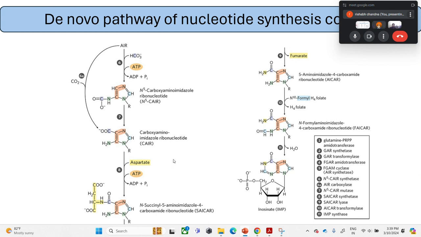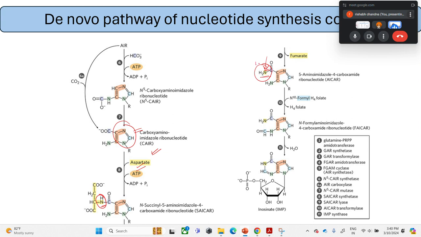So in this eighth step, in purines, the imidazole ring, that is the five-membered ring, is formed first, and then aspartate is added, and this forms the first carbon. So this is the first carbon of the purine ring, and here the aspartate adds its amine group.